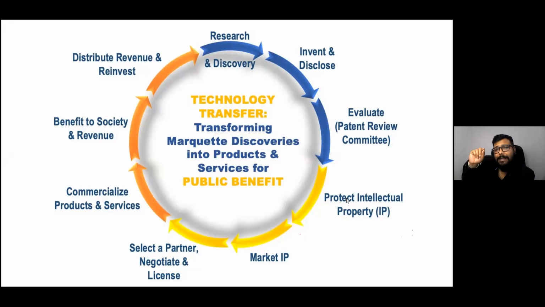You guys can see there is a TM written on some logos, trademark. That is also another thing. So those are the things coming under market IP. Okay, and select a partner, negotiate and license. These are the things that come next. Then commercialization, product and service, benefit to society and revenue.